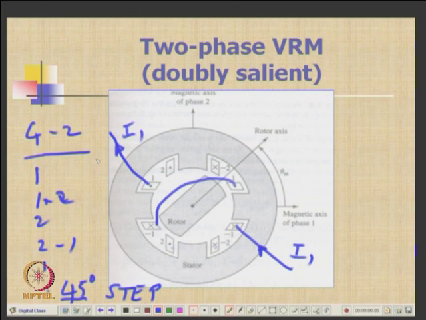Is it okay? They are connected in series, right. And similarly, you can have coil 2 which can enter here, come out like this and again enter here and come out like this. Is it okay? So, you have these 2 coils in series and these 2 coils in series.